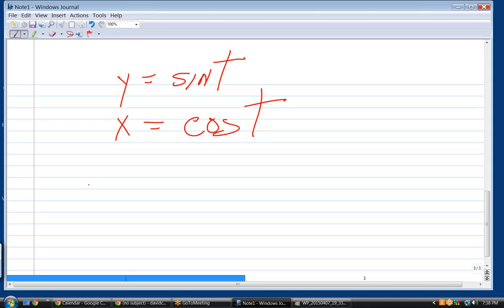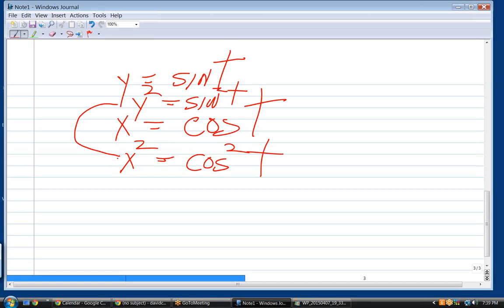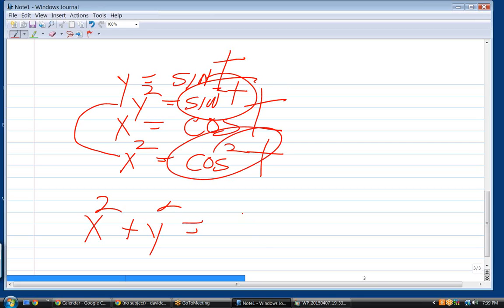So I can say, first of all, that y squared equals sine squared of t, and that x squared equals cosine squared of t. And now add that to that, and I get x squared plus y squared. Add this to this, and I get sine squared plus cosine squared, which is what?